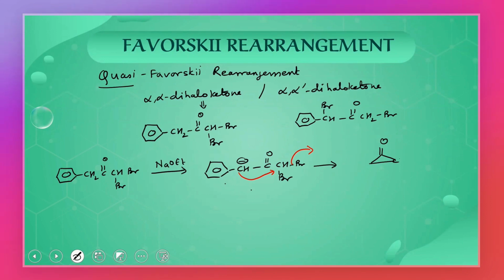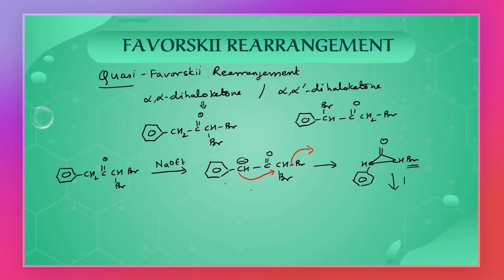So here I'll be having one Br left. On this side I'll be having the phenyl ring. So the difference is, in the previous case we didn't have the halogen in the cyclopropanone intermediate in the Favorskii rearrangement, but here we have the halogen.